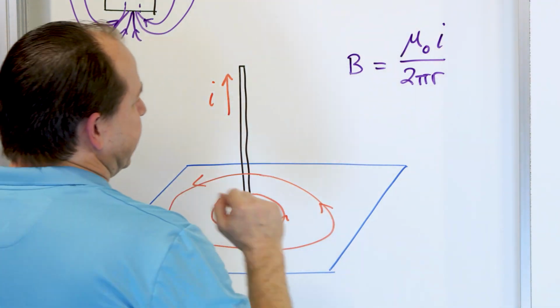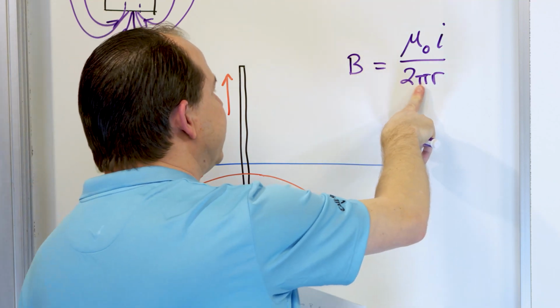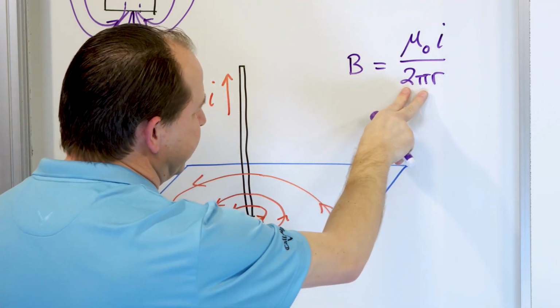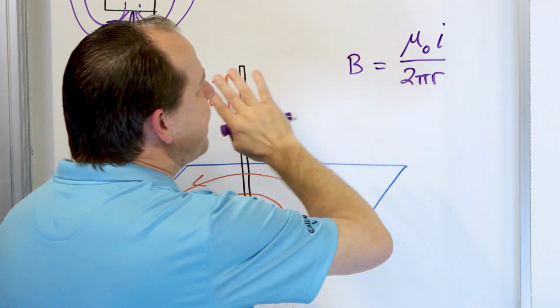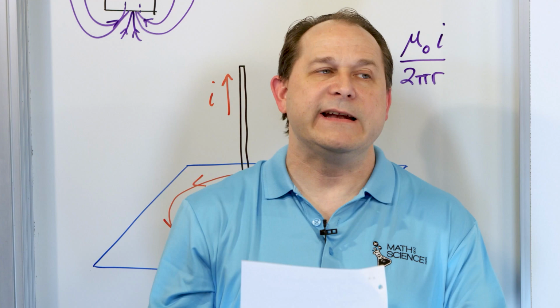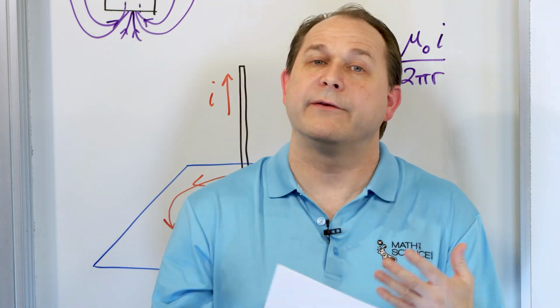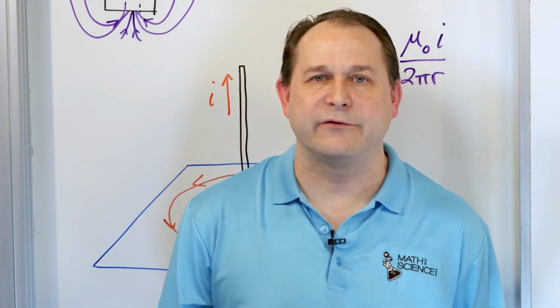So what does this equation mean? 2 is just a number, it's a constant. Pi is just a number, it's a constant. So these are just constants. Mu naught is something called the permeability, and I'm not going to explain where mu naught comes from right now, just suffice to say that in electricity and magnetism, we have several constants that pop up in nature related to the speed of light and to Maxwell's equations.